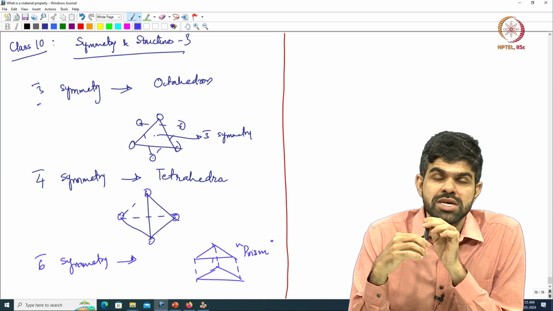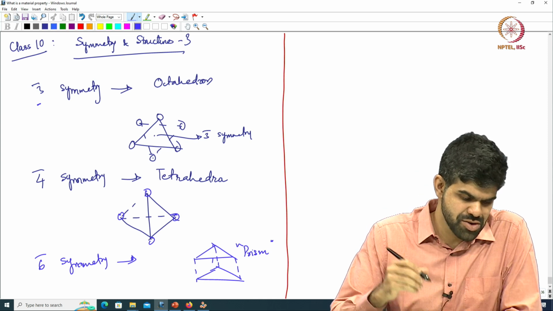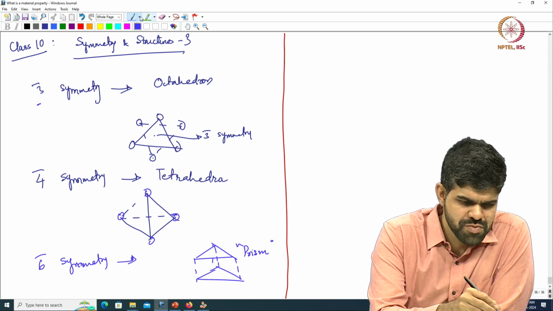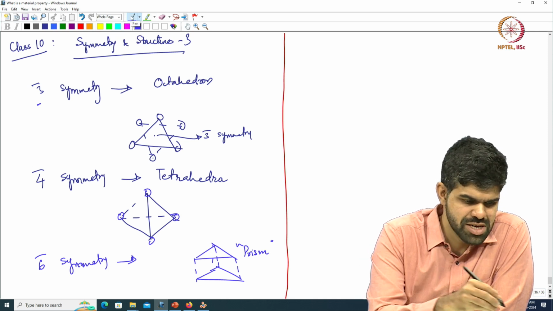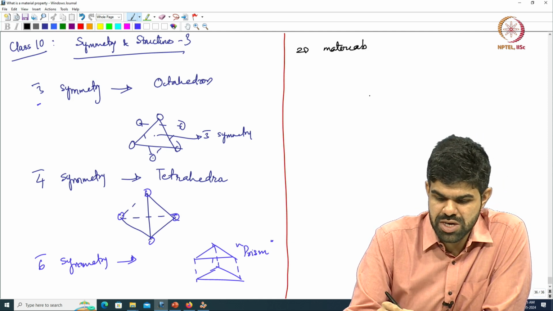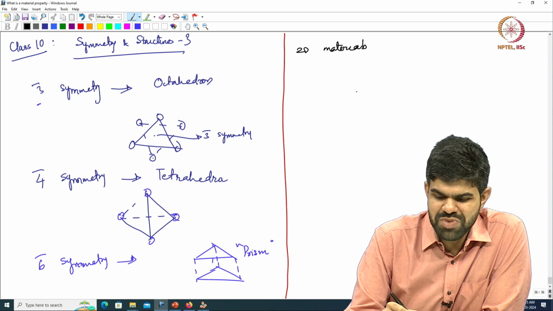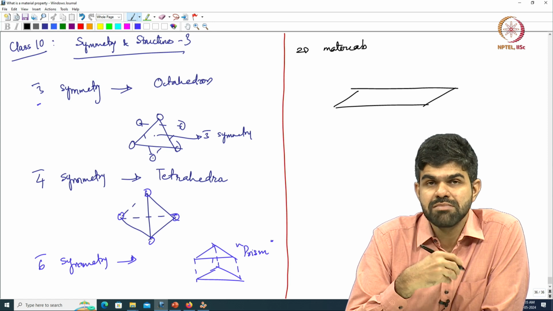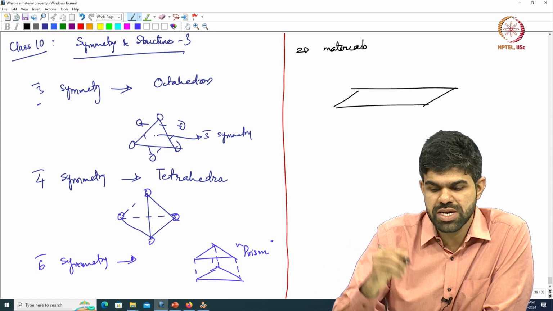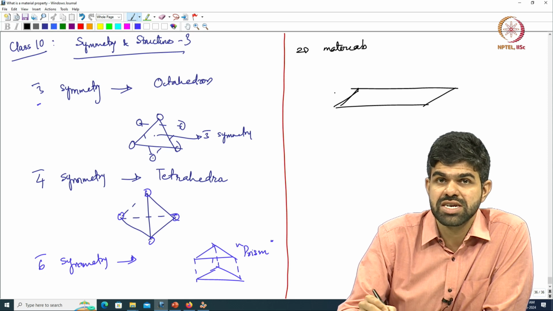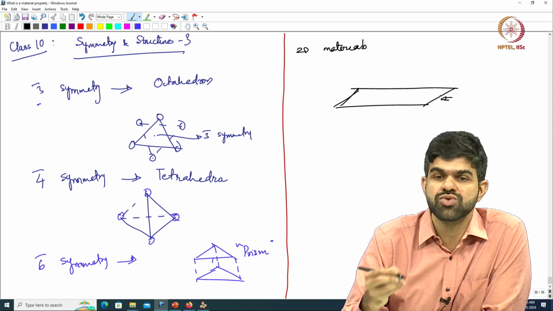But to give you a very simple example, nowadays these 2D materials are becoming very famous. 2D materials are typically a single sheet of some material that can be exfoliated. For example, graphene is a 2D material. I can exfoliate it as a single sheet, and this single sheet is technically called a 2D material.